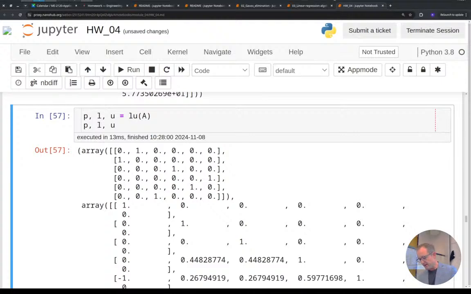The pivot will have a couple extra row switches. If you look at it here, if it's diagonals of 1, then all the rows are exactly where they started. As you see, the ones move to different spots. It's saying row 1 and row 2 were switched, and then also row 6 and row 4, something like that.